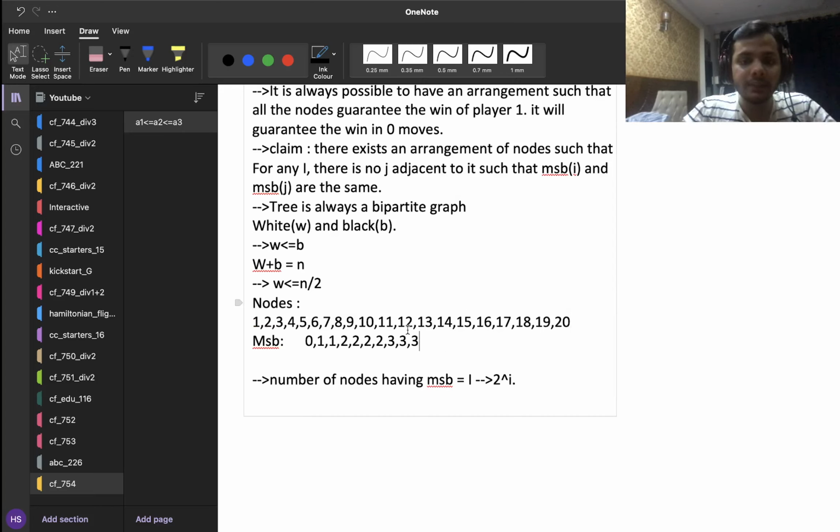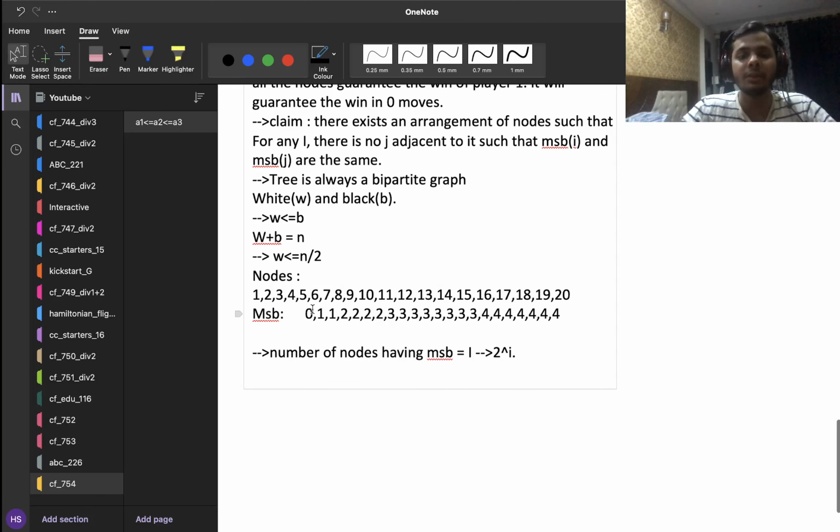So in this case, what I'm trying to say is that this is what the structure of my MSB looks like, and for 0 I have 1, for 1 I have 2, for 2 I have 4, for 3 I have 8, but for 4 obviously there is a limit, right? Because I'm not going all the way till the next power of 2, I'm not going all the way till 31. If I were going till 31, then the number of 4s would have been 16, which is what I want, but I'm not doing that. I'm just going till 20.